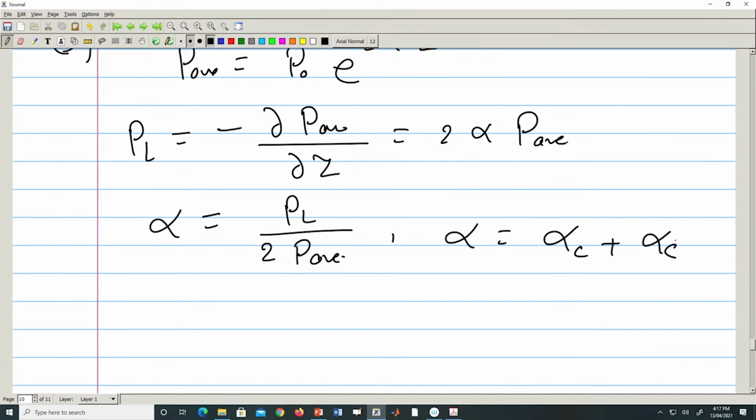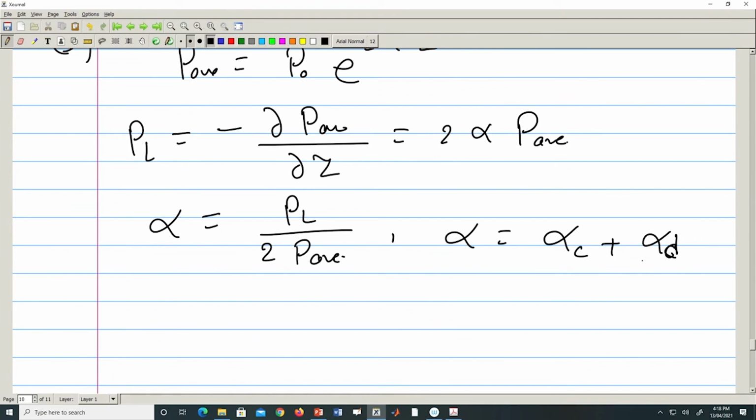Here alpha c is the attenuation constant due to ohmic or conduction loss, that means sigma c is not infinity, and alpha d is the attenuation constant due to the dielectric loss. So one is due to the wall and the other is due to the dielectric.